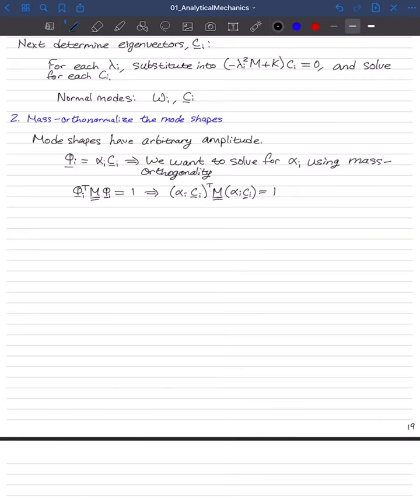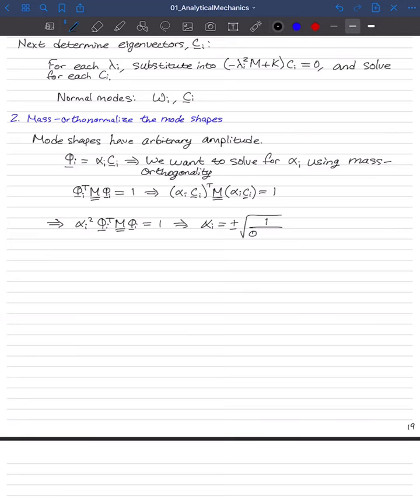Alpha I is a scalar. We can pull that out. This is then going to give that alpha I squared times c_i transpose times m times c_i is equal to 1, and therefore alpha I is equal to the plus or minus the square root of 1 divided by c_i transpose times m times c_i.